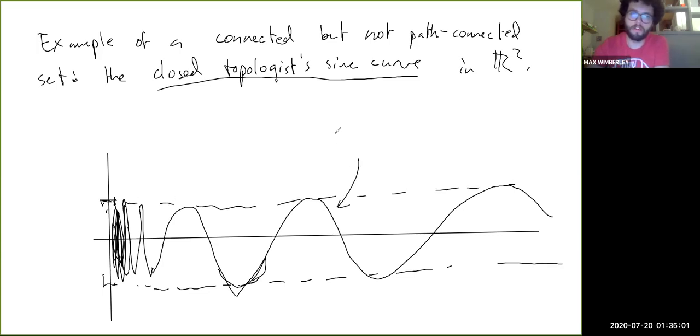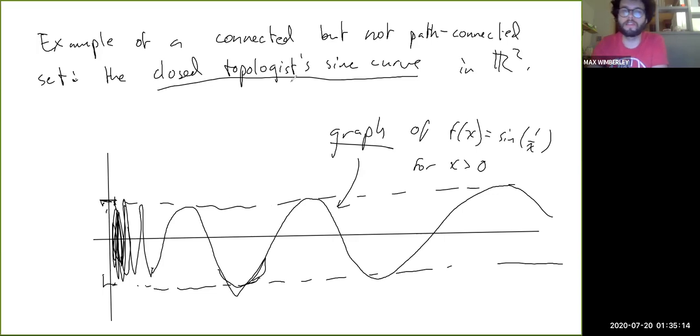This is the graph of f of x equals sine of 1 over x for x greater than 0. So as a subset of R^2, we're using the graph. It's not just the function. The function itself is only part of the picture here. The actual set we're talking about is the graph of the function in R^2.